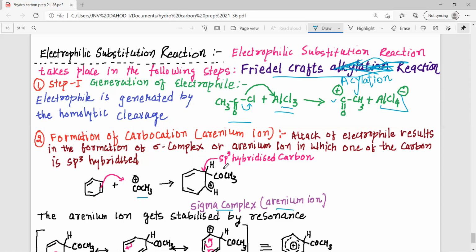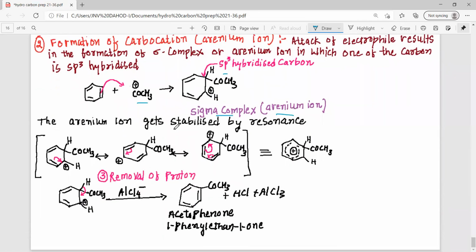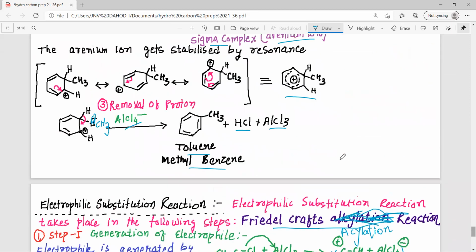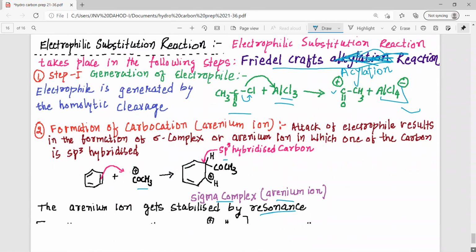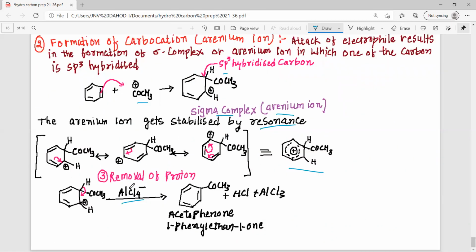We are well aware that in sigma complex or arenium ion, one carbon is sp3 hybridized. This sp3 hybridized sigma complex or arenium ion is stabilized by the resonance, and thus the resonance stabilized arenium ion, when it reacts with AlCl4 minus, which was produced in the first step, produces acetophenone.